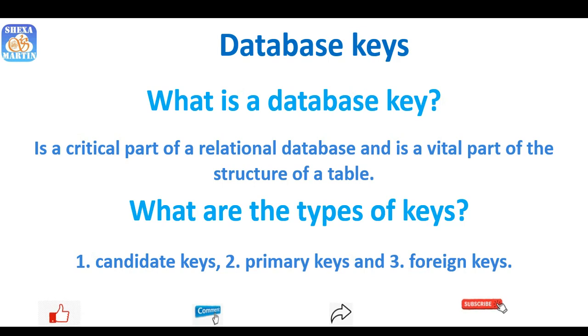So you need to be very careful with these terms. These are the three main types of database keys: candidate keys, primary keys, and foreign keys. Mainly all database keys fall under these three key types.